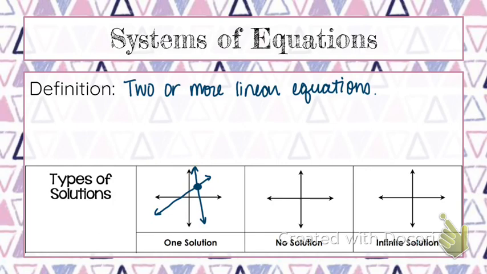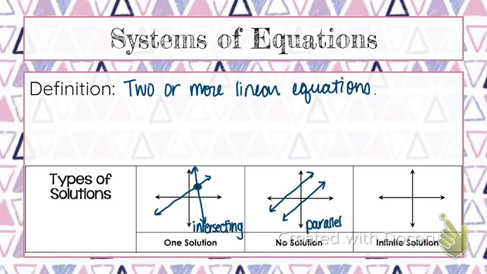For no solution, what that looks like is when you have two lines that will never ever touch each other, and that means that they must be parallel. So these are intersecting. These are parallel.